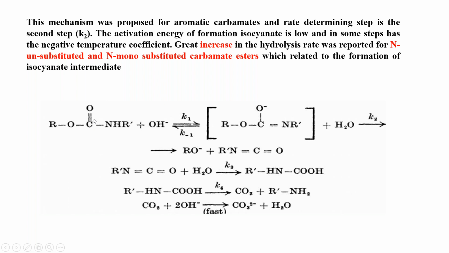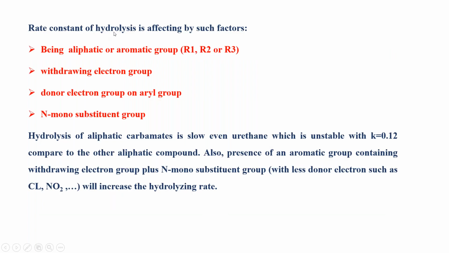And many factors affect the rate constant of hydrolysis of carbamate compounds. For example, aliphatic and aromatic groups on the carbamate, presence of electron withdrawing groups or electron donor groups on aryl groups, and also mono or di-substituent groups on the nitrogen are all factors that affect the rate of hydrolysis.